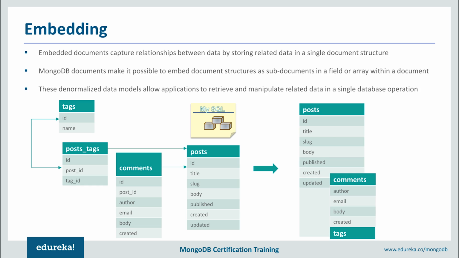That is what is the ID, what is the title and all. Whoever comments on it, the user ID and comment come under the comment section. Whatever tags I put will be under the tags. So instead of keeping four different tables here, in MongoDB I can simply use embedding. I'll keep everything in a single document. I'll show you an example.